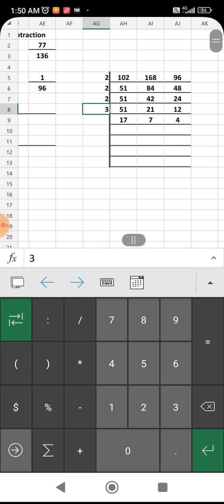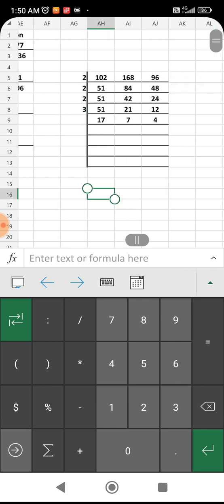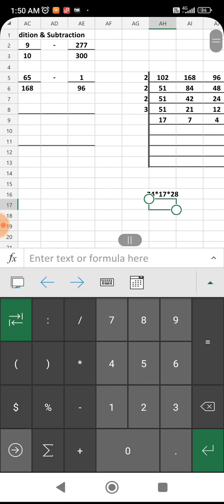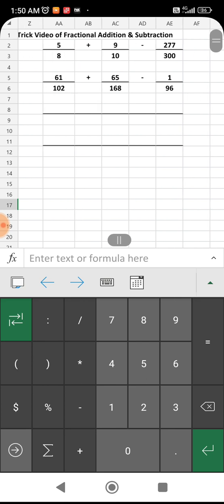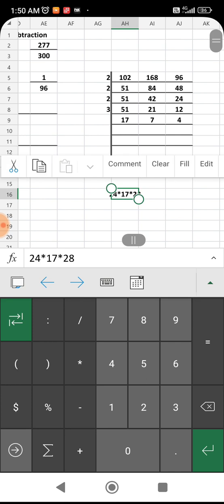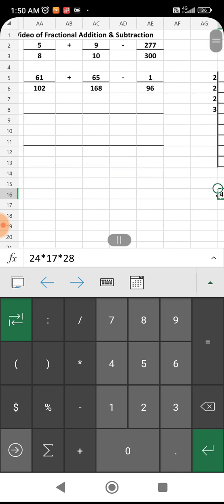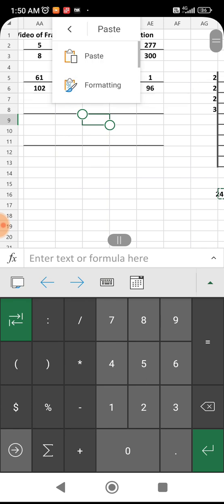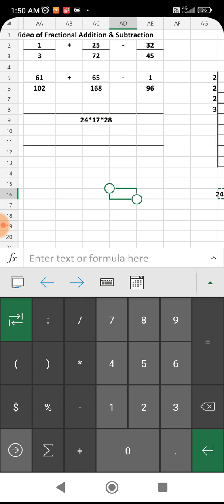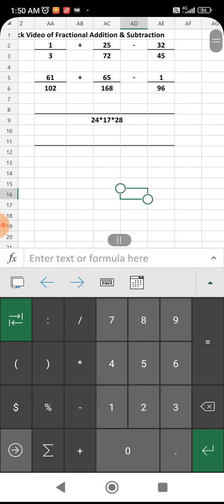That means LCM is 24 into 17 into 28. This is our LCM.